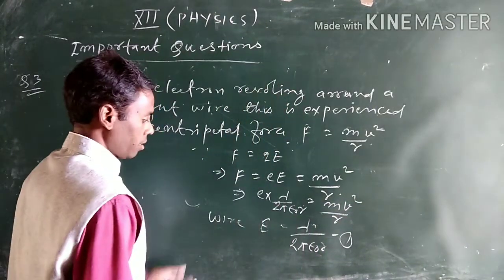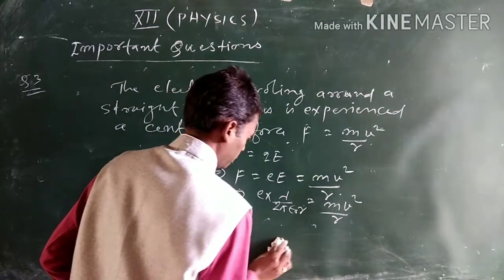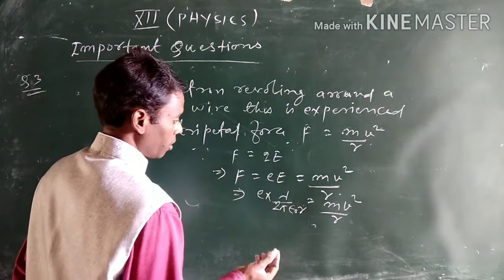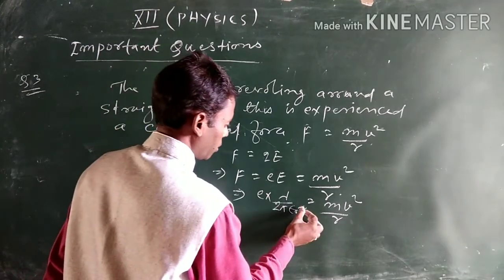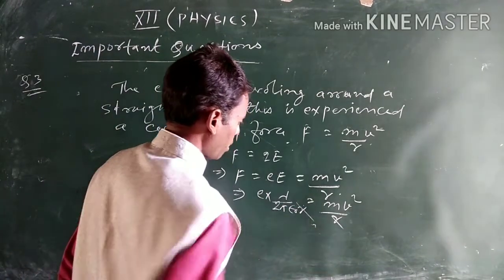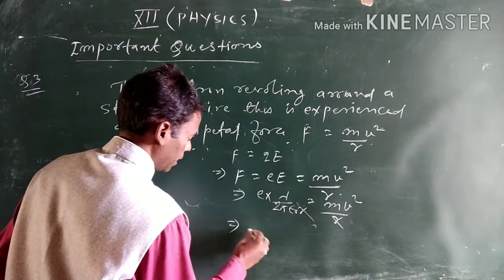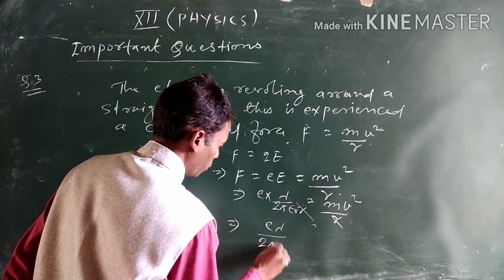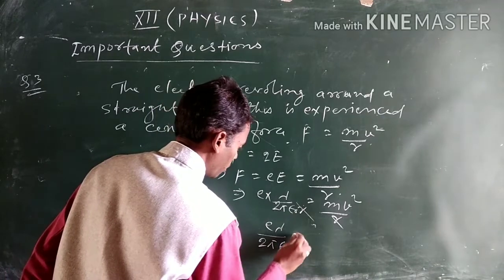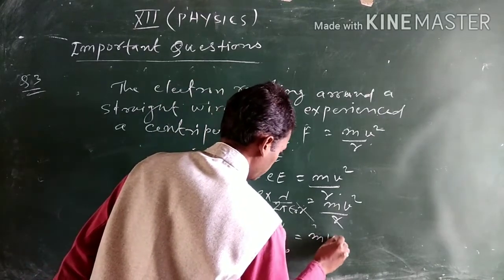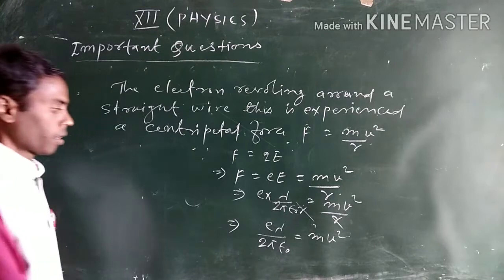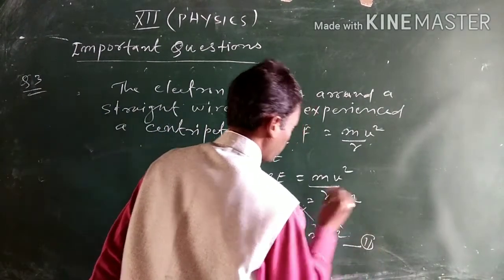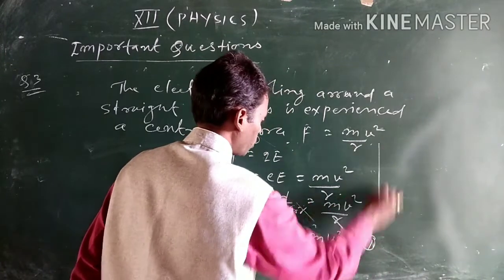Here the r cancels out, then e lambda divided by 2 pi epsilon naught equals mv square. Suppose this is equation number 2.